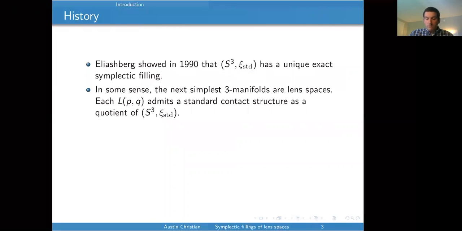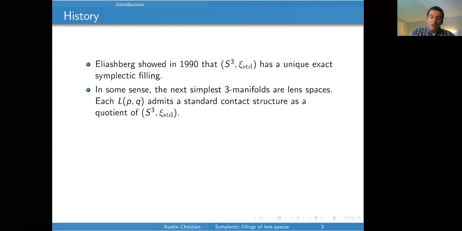Okay, so once the 3-sphere is settled, you think about more complicated, topologically that is, 3-manifolds. Well, if you like to organize your 3-manifolds by Heegaard genus, then the very next thing after the 3-sphere is lens spaces. So we can think about contact structures on lens spaces. Every lens space admits a tight contact structure just as a quotient of S3.